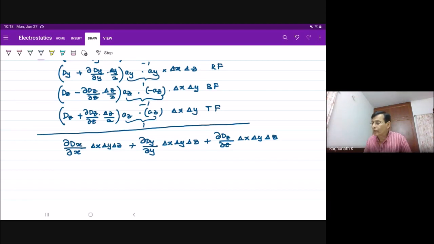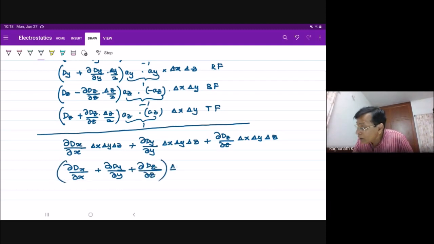Please keep looking at it. Which is equal to what? ∂dx/∂x plus ∂dy/∂y plus ∂dz/∂z into Δx Δy Δz is equal to ΔQ. That's what I computed till now.